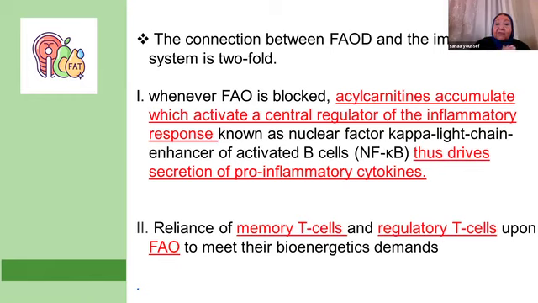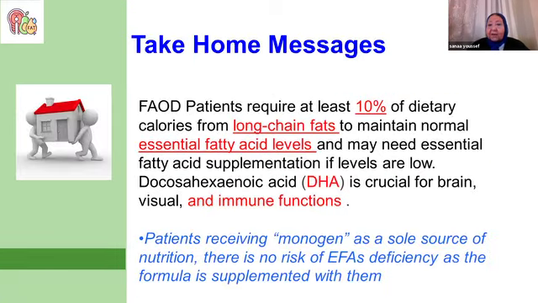Thus, it drives the secretion of pro-inflammatory cytokines, and you go to the side of many inflammatory, allergic, and metabolic diseases. Also, the memory T cell and the regulatory T cell, which have a very important function for the immune system, which regulate the immune system, they rely on the fatty acid oxidation to meet their bioenergetic demands. So you see how important they are.